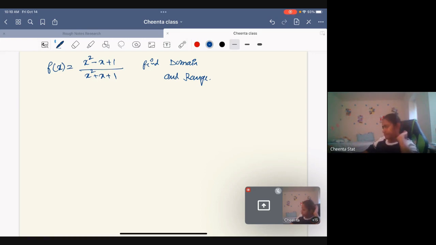Find out the range. Why the domain is R, by the way? First, this is a fractional function.